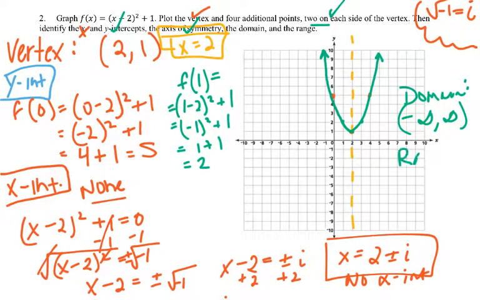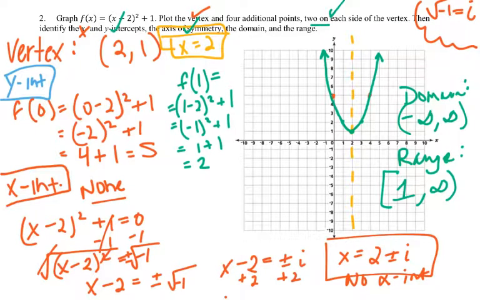My range, looking upwards to the y, starting from negative infinity, where's the first point that I see? That's at that vertex, which is at the y value of 1, and it goes upwards to infinity. Now it includes that value of 1, so we use brackets on the left-hand side when representing this range.